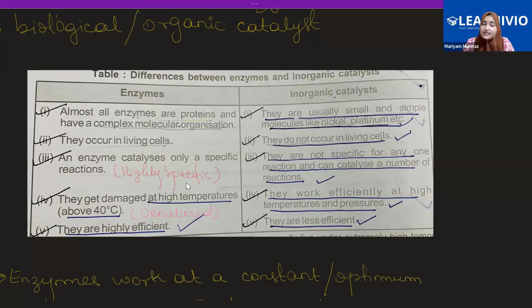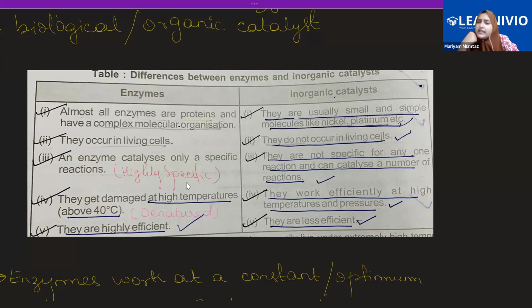Since an enzyme is a proteinaceous structure, that too a tertiary, 3D structure, there is an optimum temperature at which that enzyme would work. If you increase the temperature beyond that, the enzyme is going to get denatured. If you decrease the temperature beyond that, the enzyme is going to get inactive.